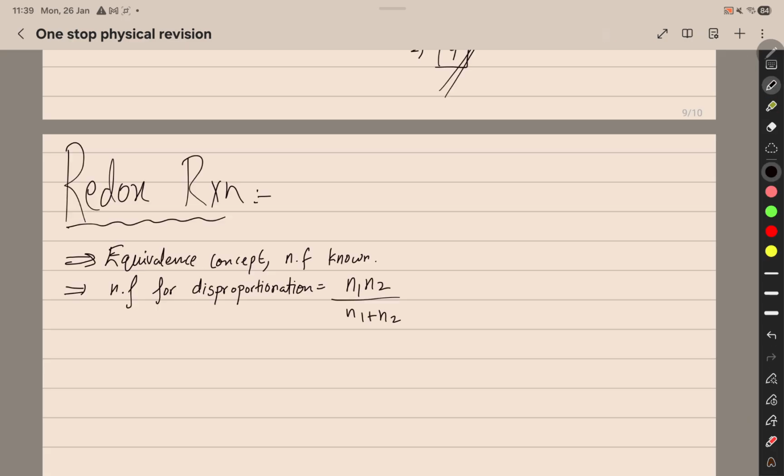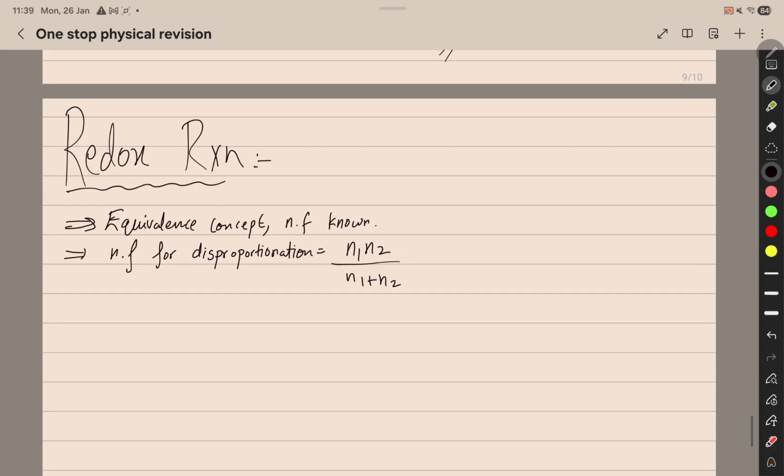The next chapter we'll be discussing is redox reactions. Majorly in this portion, I'll be discussing titrimetric type questions. I'll be taking up 3-4 titrimetry or titration questions, and apart from that, we have one formula, which is this, and we can find the n-factor of disproportionation, like equivalent weight.